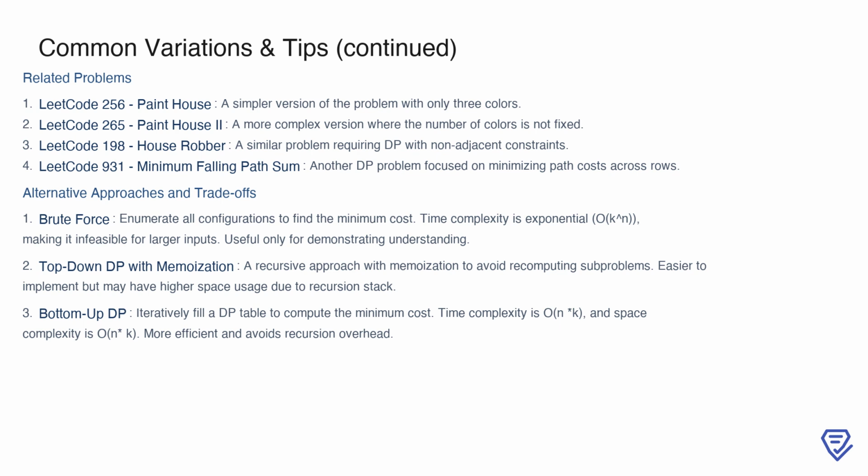A better approach is top-down DP with memoization, where you use recursion and cache results to eliminate redundant computations. While easier to implement, this method can have higher space usage due to the recursion stack. Another efficient approach is bottom-up DP, where you iteratively fill a DP table to compute the minimum cost. This has a time complexity of O(n*k) and avoids the overhead of recursion.